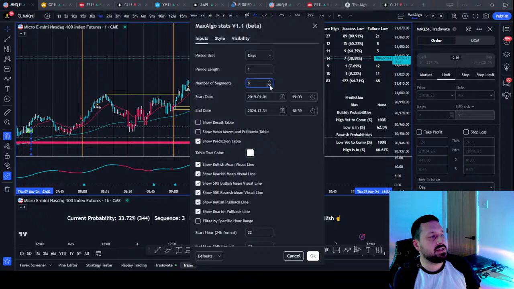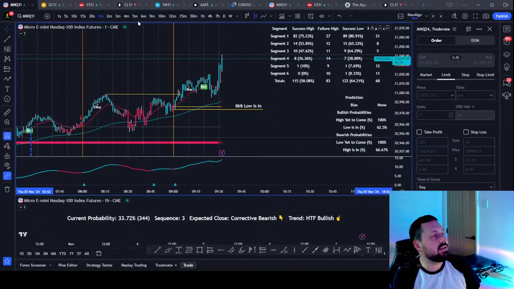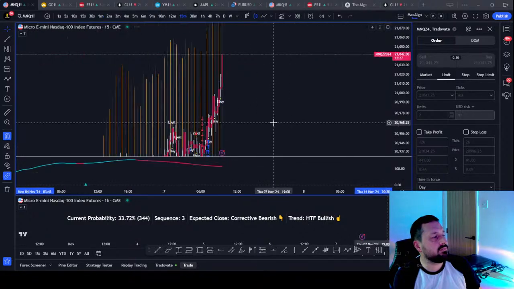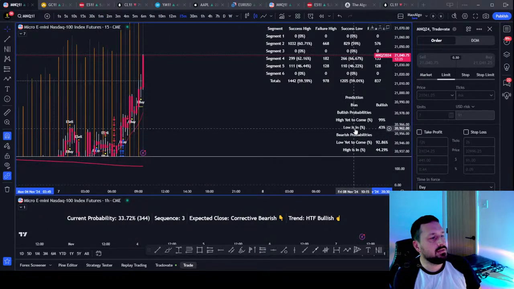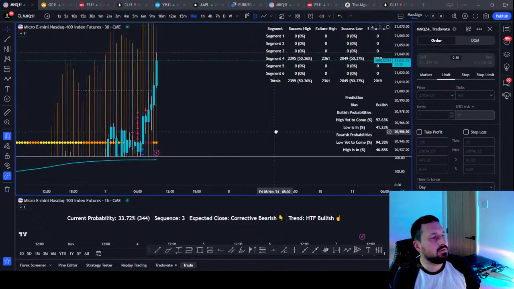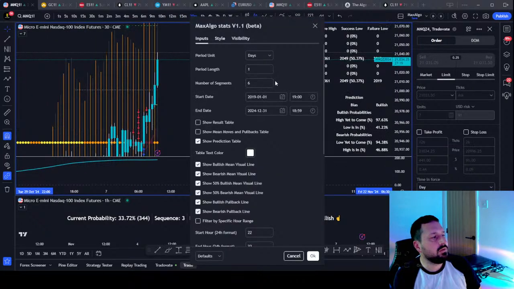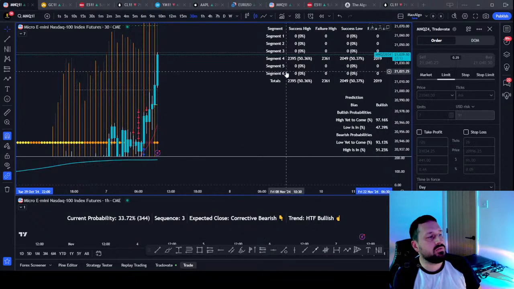If I go down 6 segments, it'll shorten it up for you. That's because I need to go up time frames. My apologies for the daily. There we go. Need to have more data for the daily. That's better.